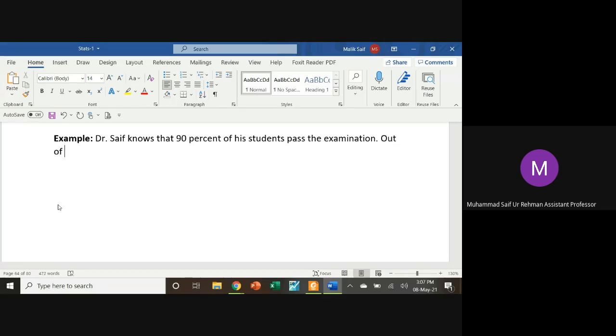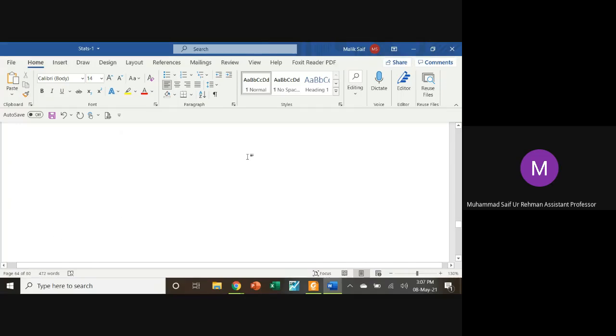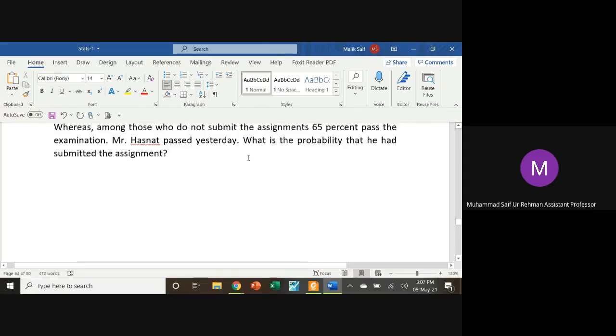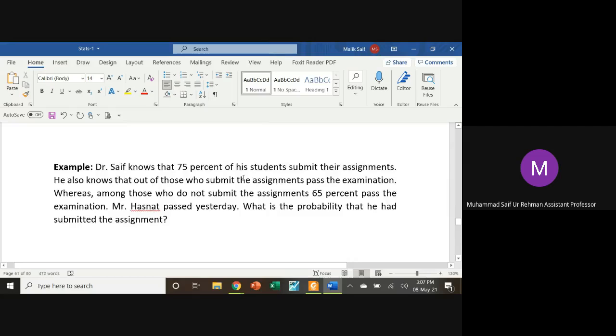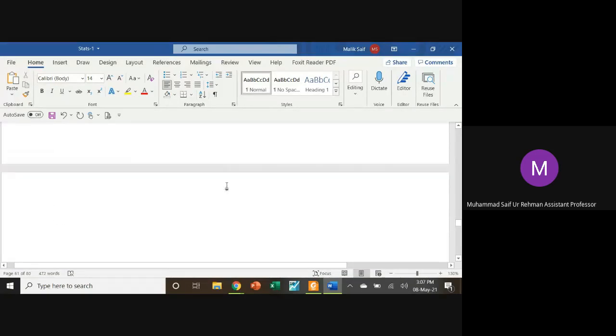Here, what I was saying, that he knows that 75% of his students submit their assignments. Now I'm saying that he knows that 90% pass the examination. So the scenario is different. Okay.